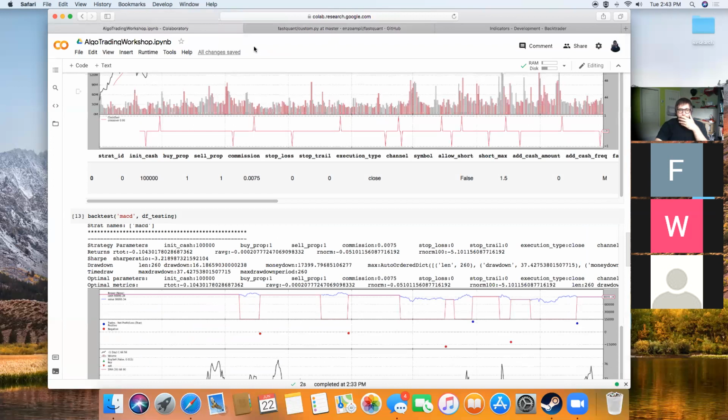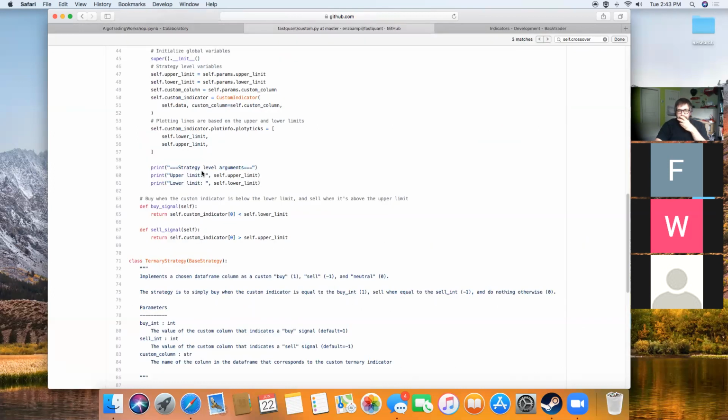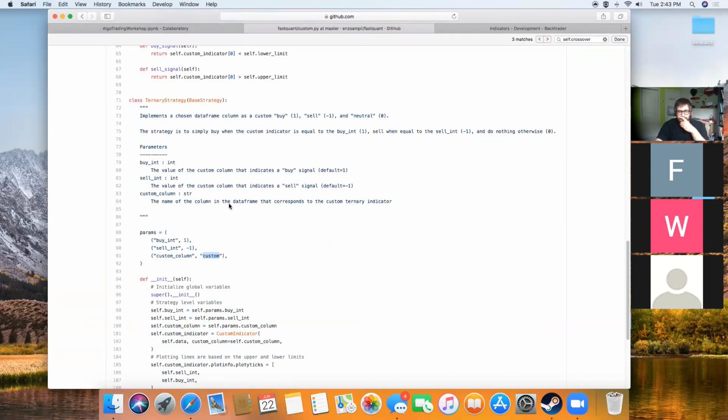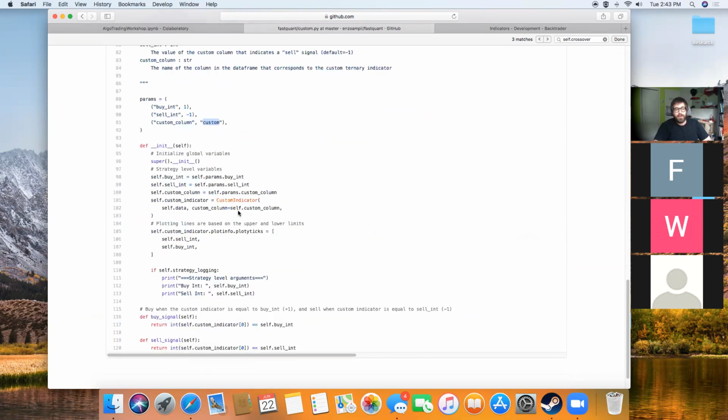And this added column could be generated by another algorithm, right? Not necessarily something that we implement with FastQuant. No, we're going to use a classifier from scikit-learn now and classify the data and get it to a point where you will be doing all the processing of the data outside this library, because it's factorized and you just need a pandas data frame to do the backtesting.